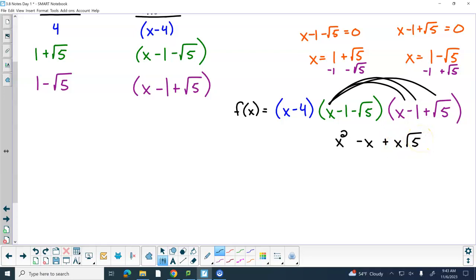If I multiply by negative 1, then I have negative x plus 1 minus the square root of 5.